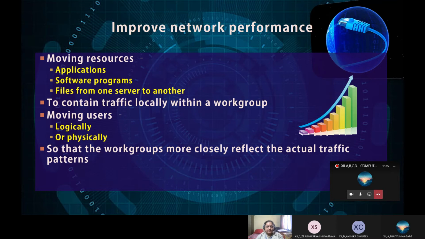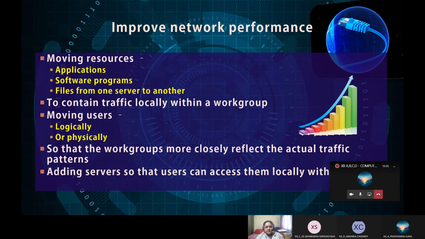That is, it can be monitored how packets are traveling in the network. Adding servers so that users can access them locally without needing to cross the backbone. So that's what I said. The 80-20 rule has just been explained over here.